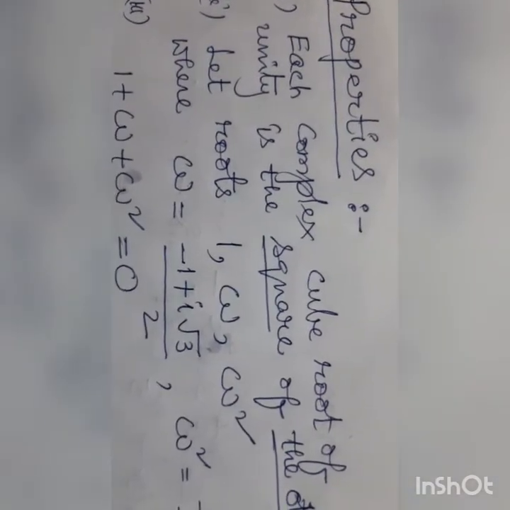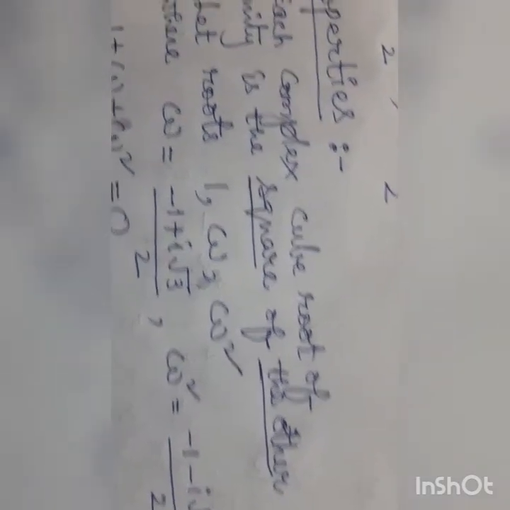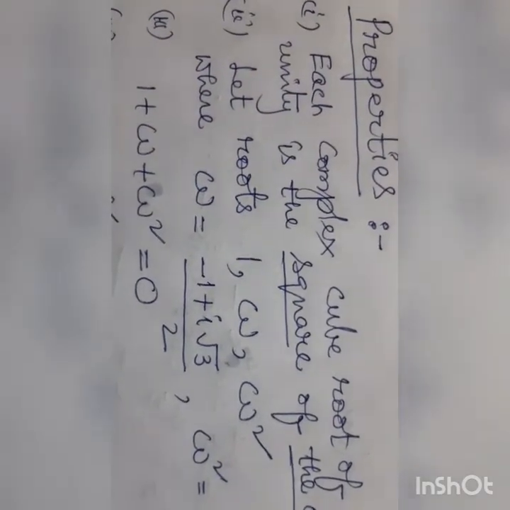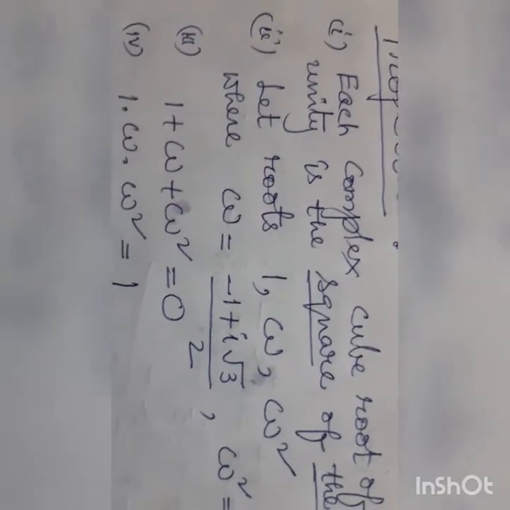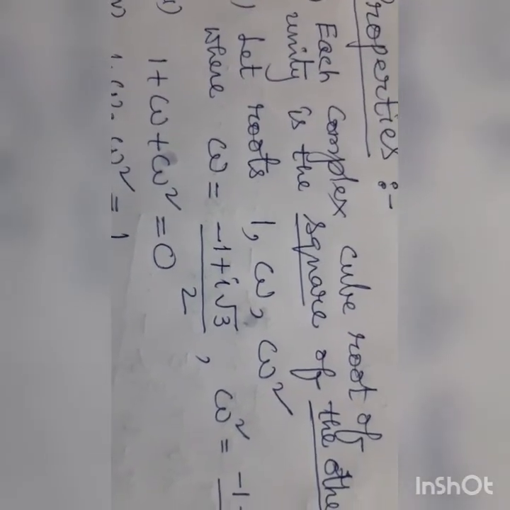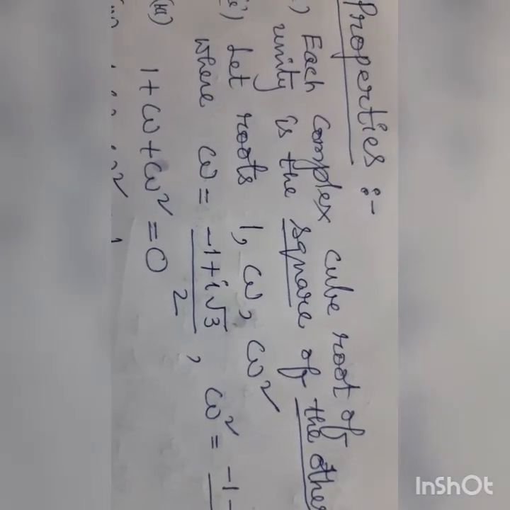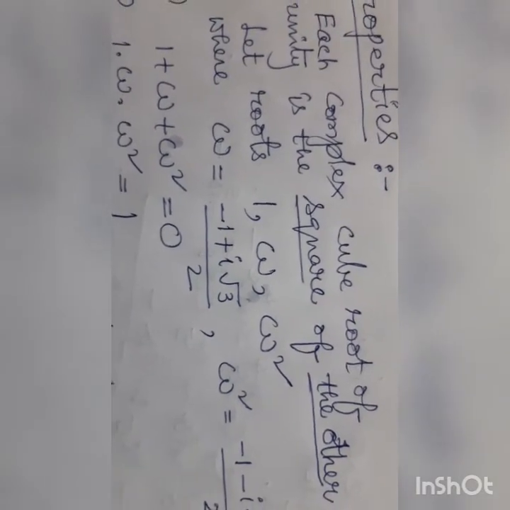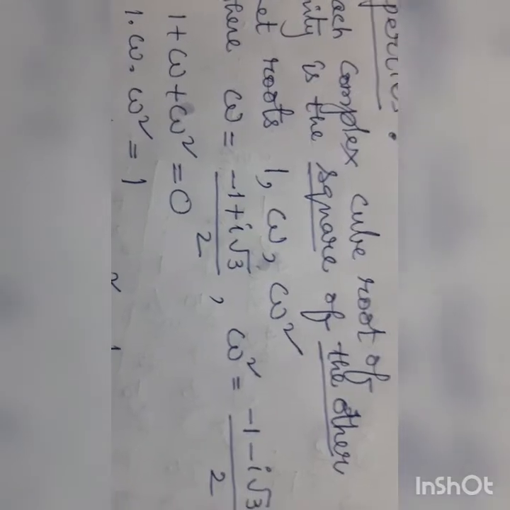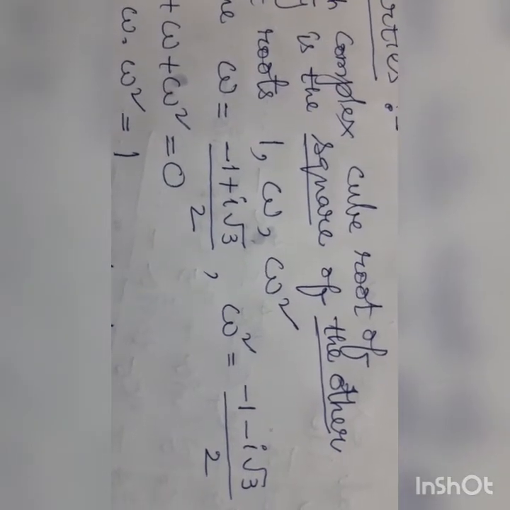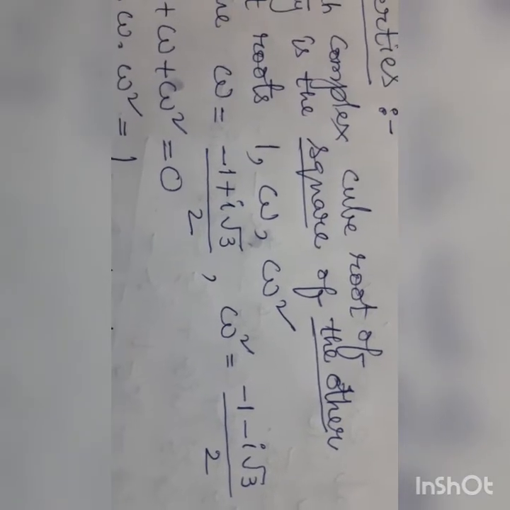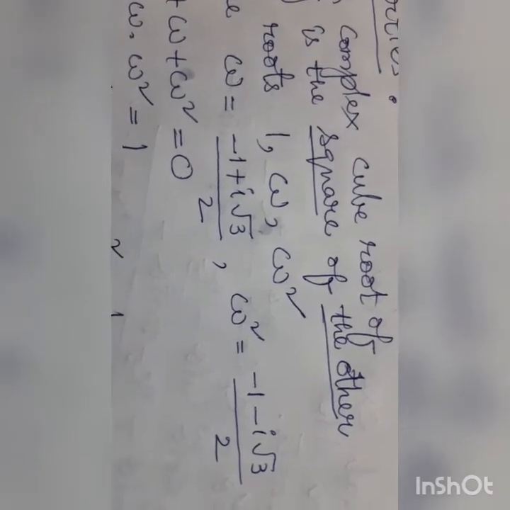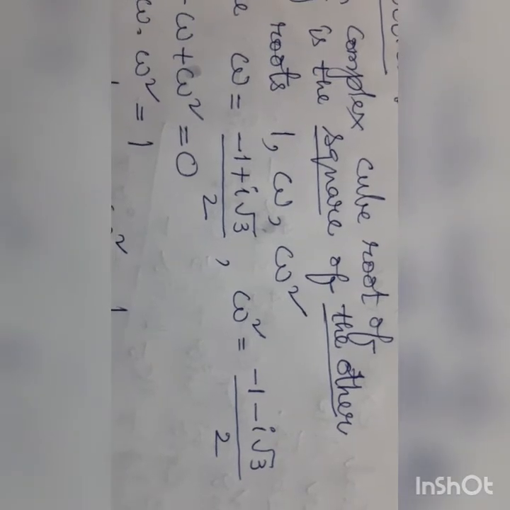Properties to observe. Each complex cube root of unity is the square of the other. That's what I told. Therefore, let one root be omega, (-1 + i√3)/2. Another root we can take as omega square, granted, because, as I told, omega square is the square of (-1 + i√3)/2, which is (-1 - i√3)/2.